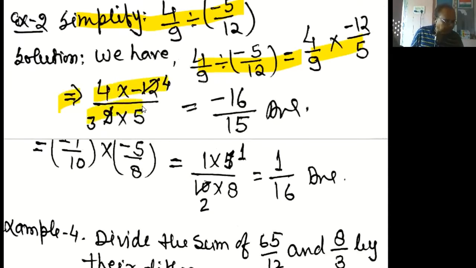We see that the numerator 12 and denominator 9 are cancelable by 3. So 3 threes are 9, 3 fours are 12. So the product of numerators is minus 16 and the denominator is 15, equal to minus 16 upon 15.